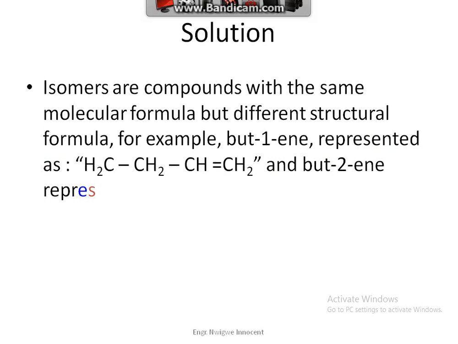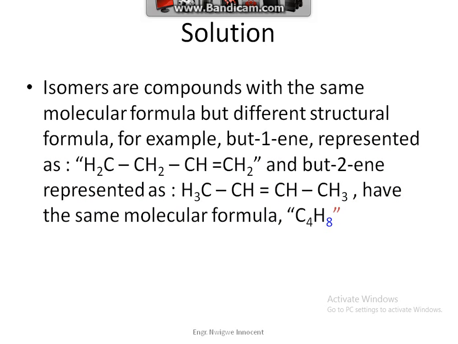For example, but-1-ene is represented as H2C=CH-CH2-CH3, and but-2-ene is represented as H3C-CH=CH-CH3. They have the same molecular formula, C4H8. Therefore, the answer is A.